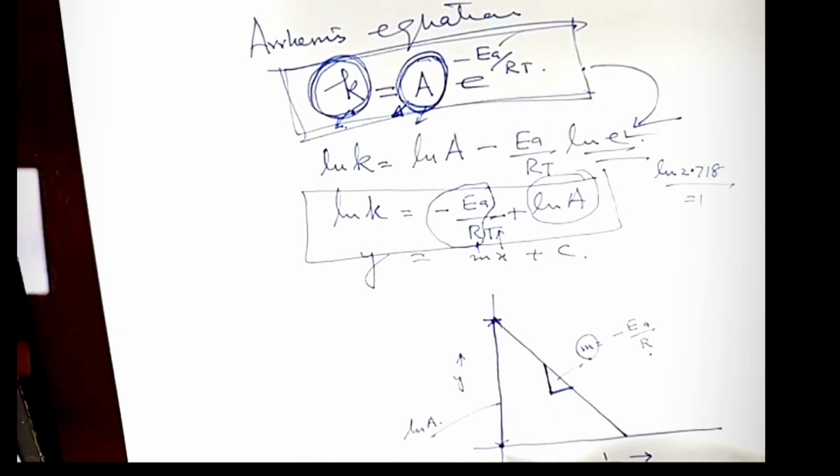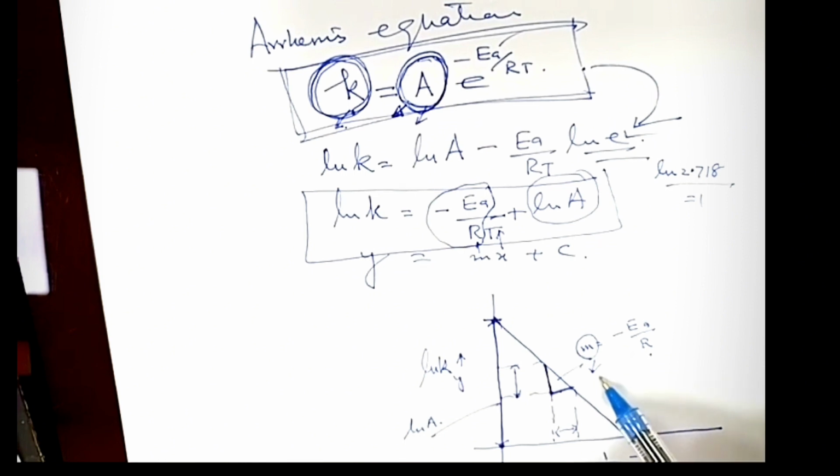So this slope is equal to minus Ea over R. When we draw the line, this slope has a numerical value. How will it come? It is the differential of temperature, 1 over T, and the differential of log of k, since we have taken log of k here. This divided by this gives a numerical value.